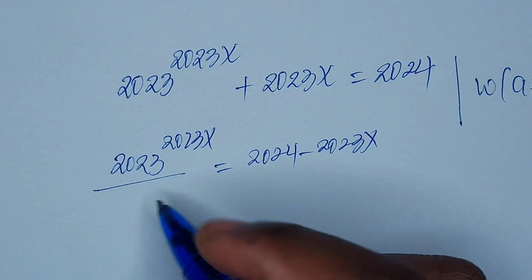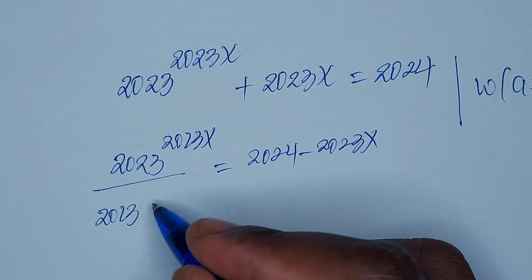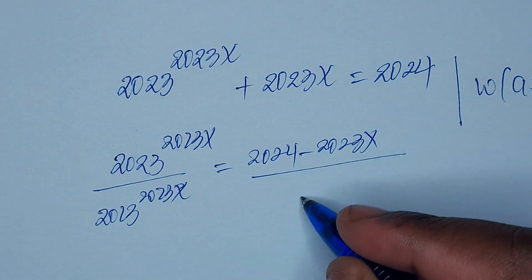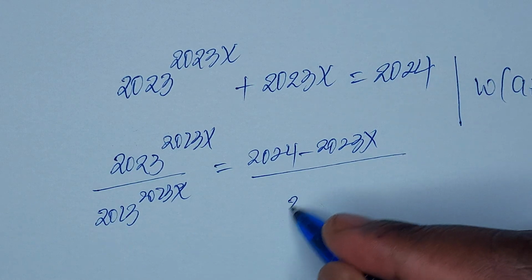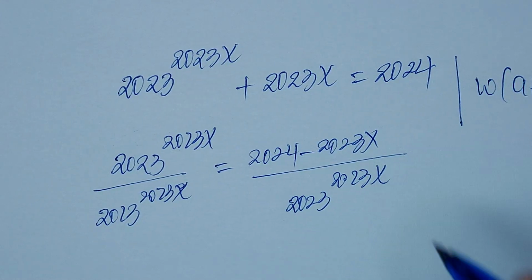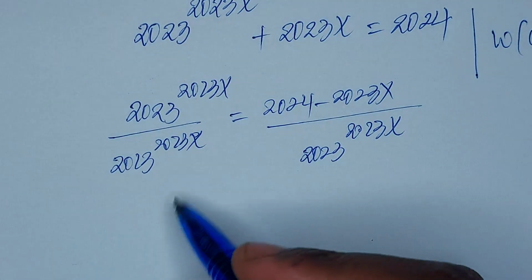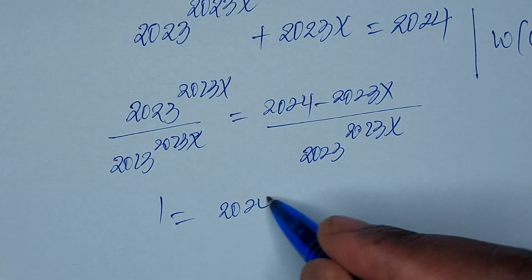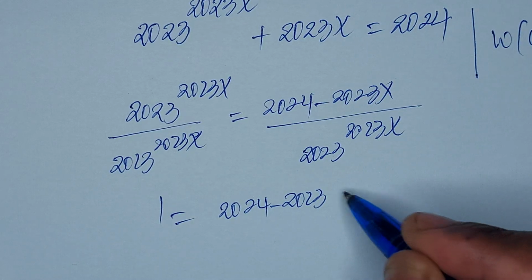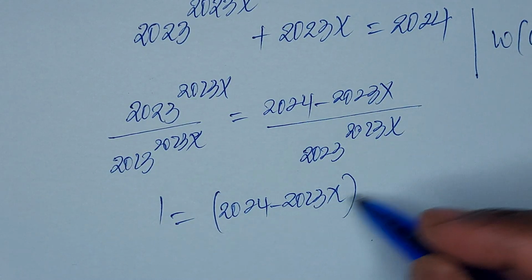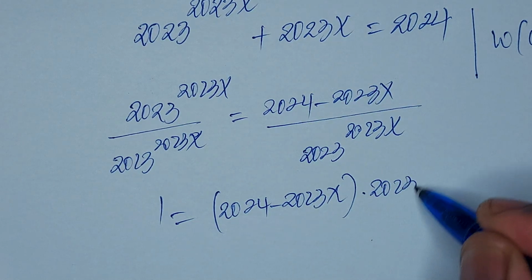Okay, so I'm going to divide here by 2023 to the power of 2023x, and here as well, dividing by 2023 to the power of 2023x. So this is going to be 1, obviously, and here we're going to have 2024 minus 2023x times 2023.